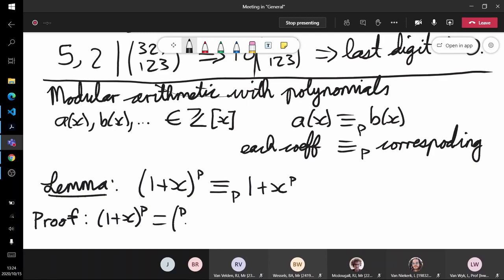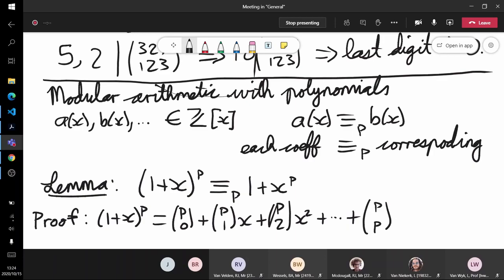So that's p choose 0 is the constant term. Then we've got p choose 1 times x, and p choose 2 x squared, up until p choose p times x^p.